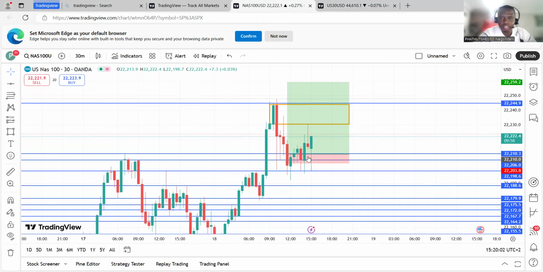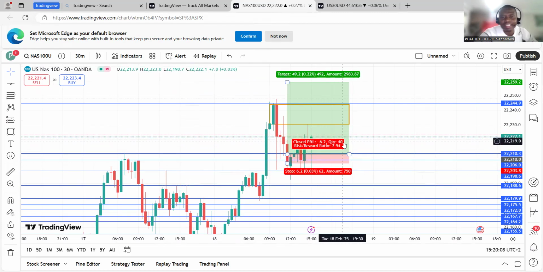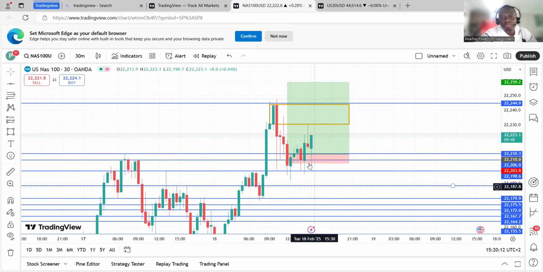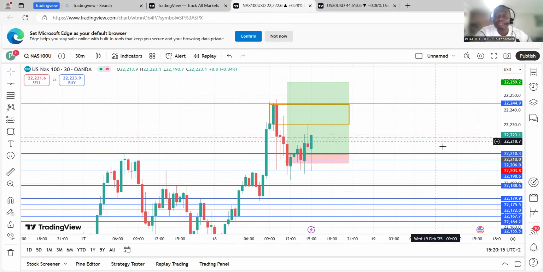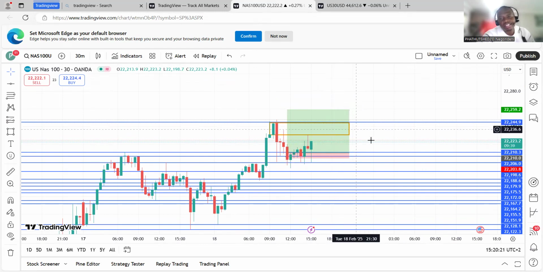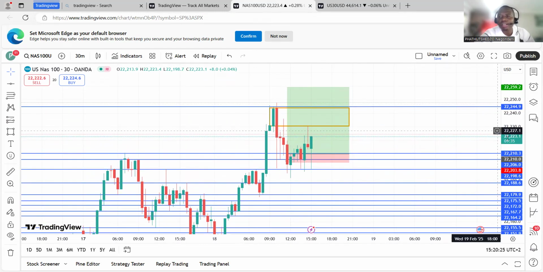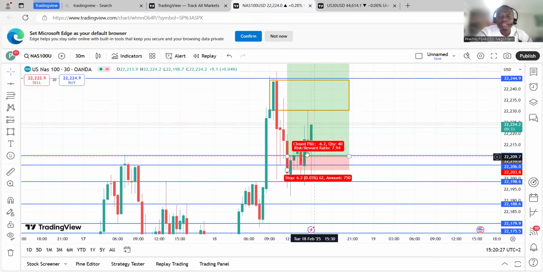Oh my God, look at this. Beautiful. They took us out and now they're pushing up again. So this buy, we might get it somewhere there, depending on how they close when they get there. But I'm not trying to run after the trade.